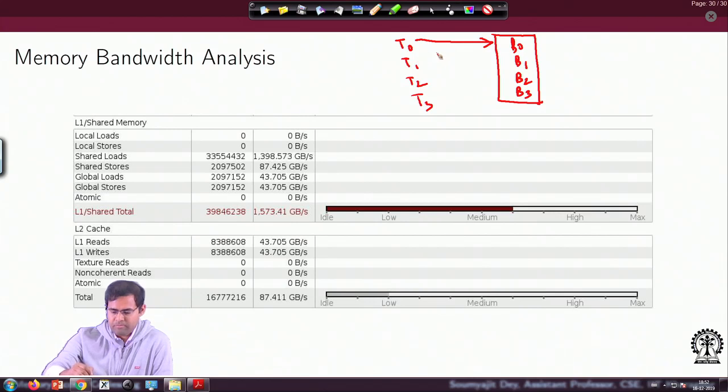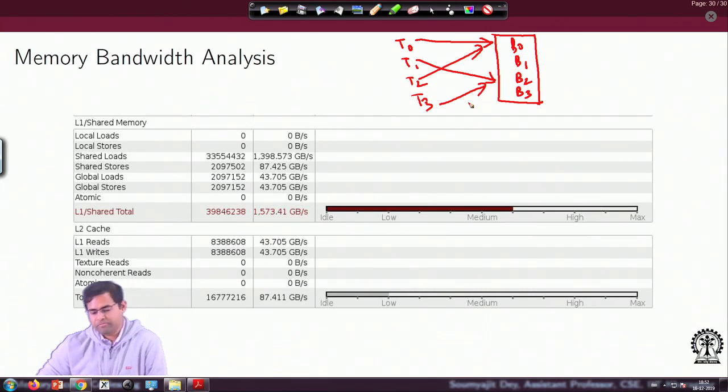Now, consider some other access pattern. For example, let us say the threads access in strides of 2, right. T0 and T1's accesses are separated by 1 hop, then T1 and T2's accesses are again separated by 1 hop, and then T2 and T3's accesses are separated by 1 hop. So, let us consider this pattern.